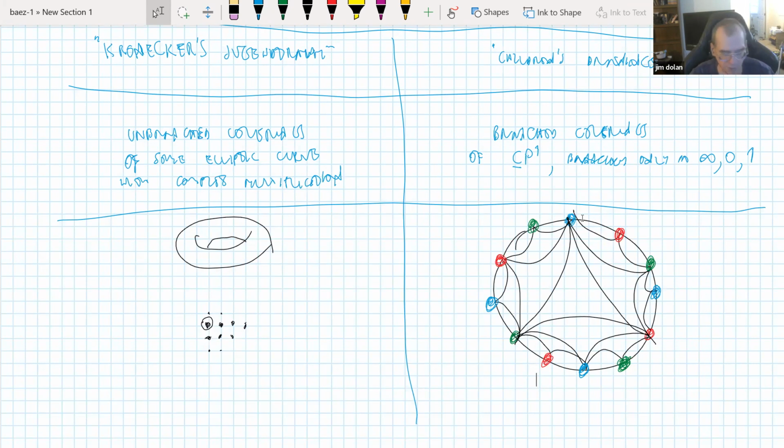And right now I'm getting very paranoid about whether I'm going to have equally bad problems over on the left-hand side. What I want to say over on the left-hand side is that we're going to have Kronecker's Jugendtraum telling us that something very analogous is going on here. So what am I trying to say?